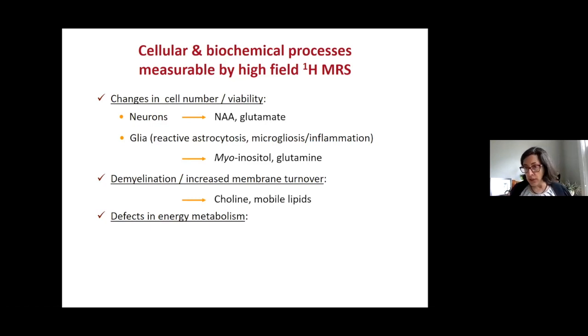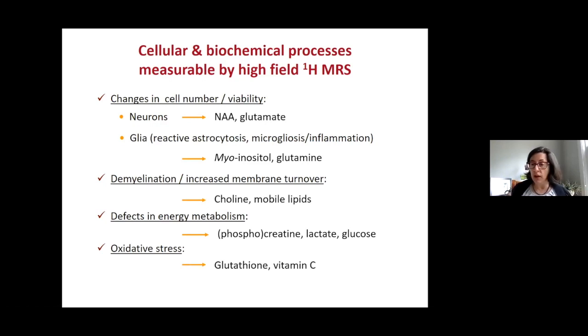Defects in energy metabolism can be indicated by changes in creatine, phosphocreatine, lactate, and glucose. And oxidative stress markers, the 2 highest concentration antioxidants, glutathione and vitamin C, are detectable by this method.